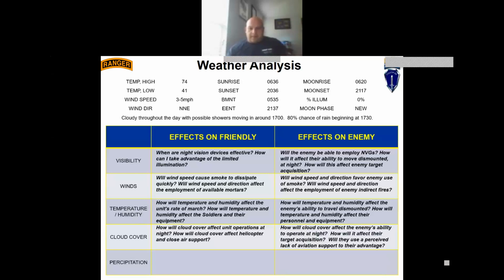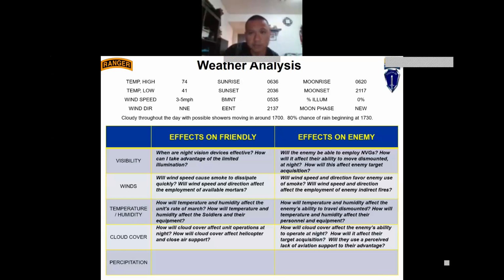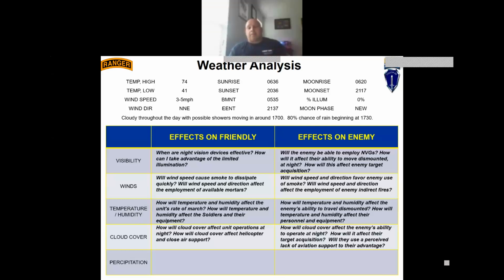How will it affect the enemy? Well, the cloud cover will make it a lot darker at night, so it can reduce their visibility. Yeah, it's going to be super dark at nighttime because we have zero illumination and we've got cloud cover. So movement is going to be like holding on to the person in front of you to make sure you're going the right way and not breaking contact.